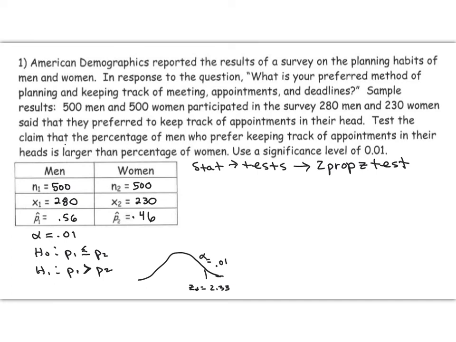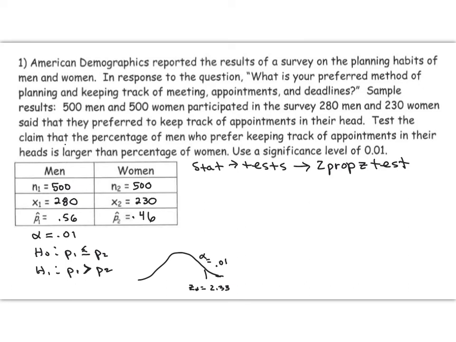X1 is not 500, that's n1. X1 is 280. N1 is 500. X2 is 230. N2 is 500. And then I'm going to choose the right tail test, and I'm going to have it calculate it.